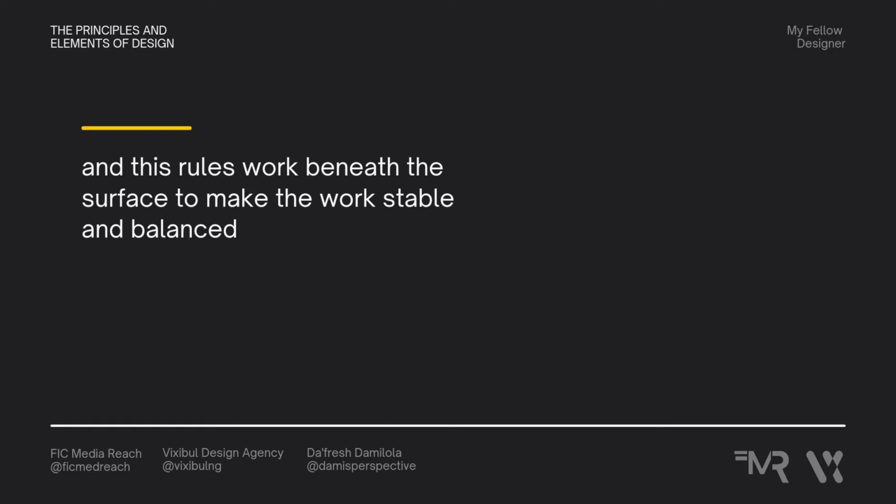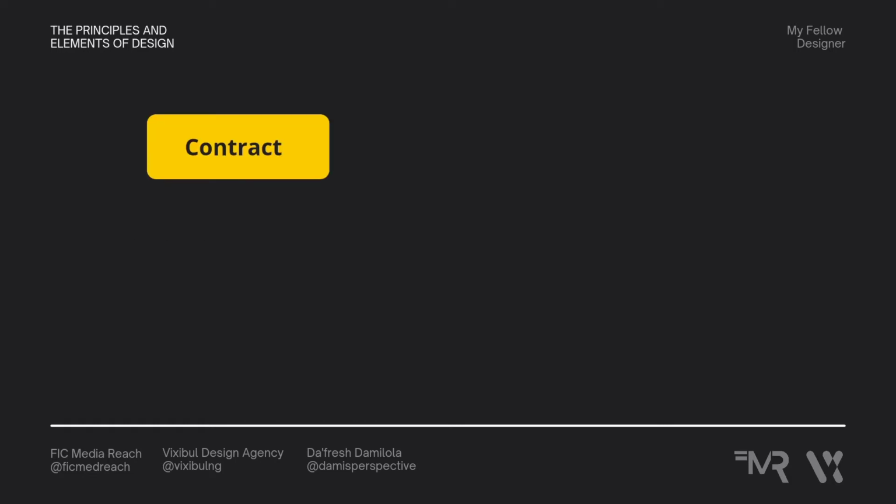I have listed about 10 of them here, but I'm just going to be giving us an example for that 7 principles, right? So we have contrast, and this is in no particular order. It's not like I'm saying that contrast is the first one, I'm just listing them out randomly, right?